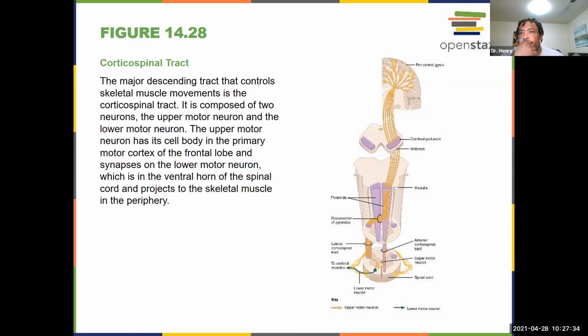The synapses are located where that neuron meets the spinal cord. You can get an idea that these neurons are pretty long, and they send those signals down to the skeletal muscle in the periphery.